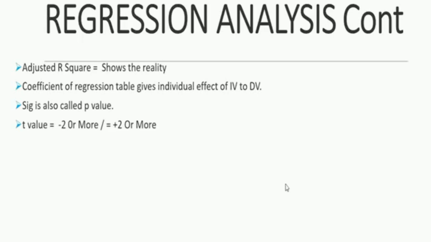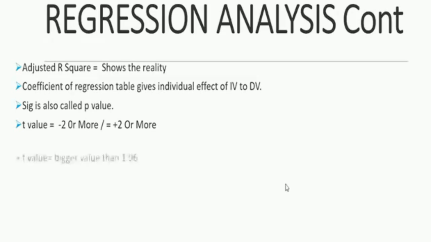If you are studying a negative relationship between your variables, then your t value will come at -2 or more. If your hypothesis statements are telling a positive relationship of your variables, then your t value should be +2 or more. Let me repeat, t value can be -2 or more, or it can also be +2 or more.